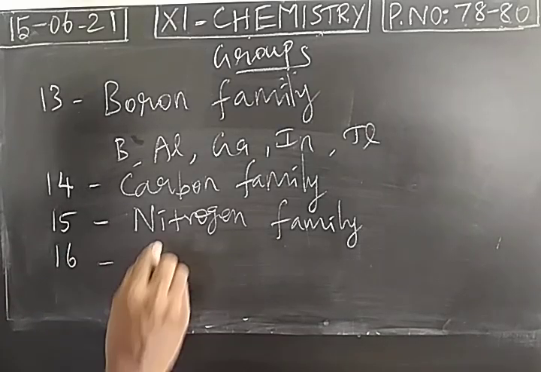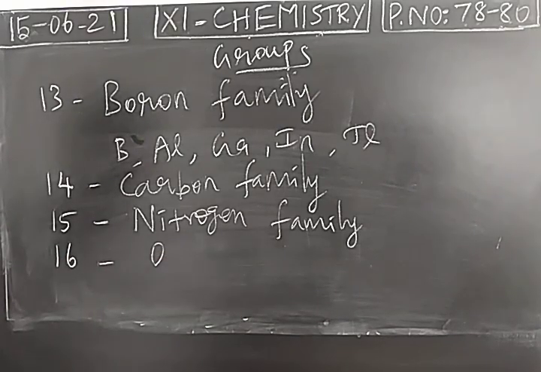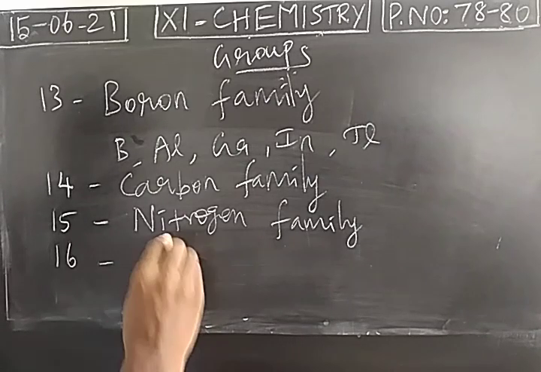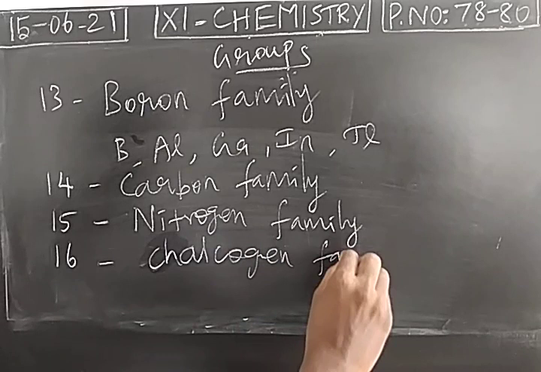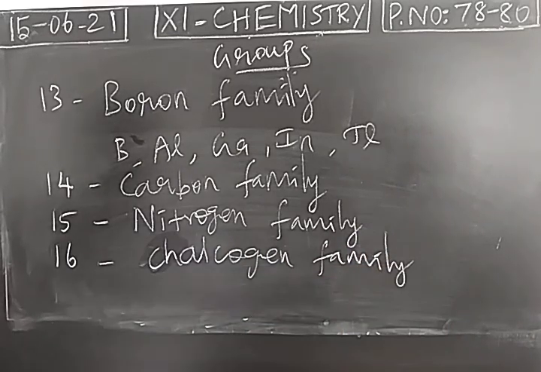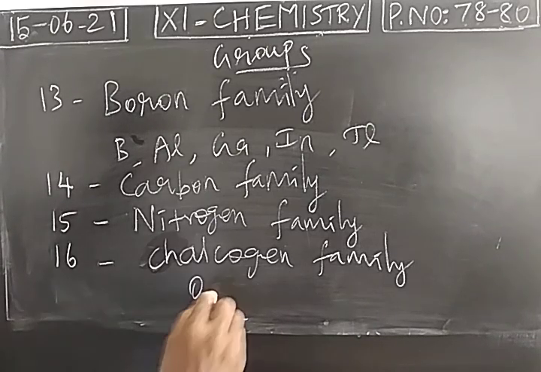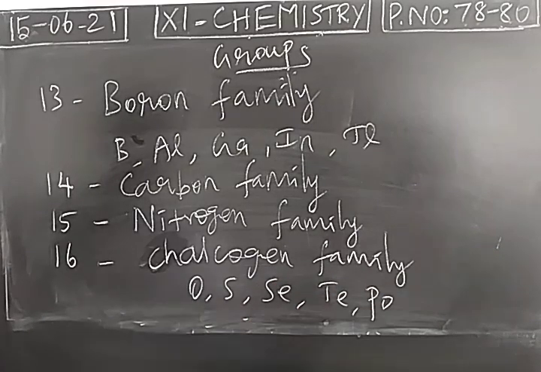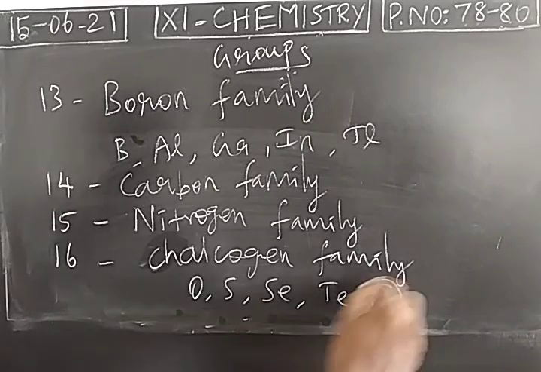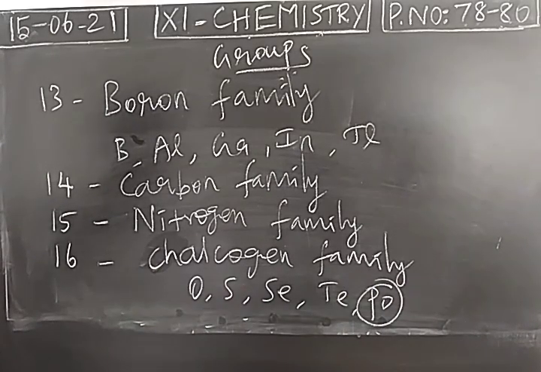Group number 16, first element is oxygen, but it is called as chalcogen family. So these are all the members: oxygen, sulfur, selenium, tellurium, polonium. Except polonium, the remaining 4 elements are collectively known as chalcogen family.